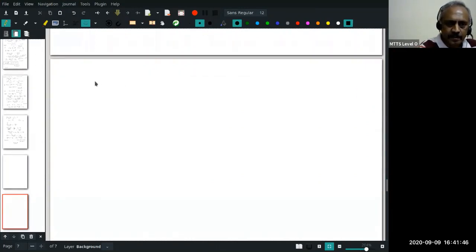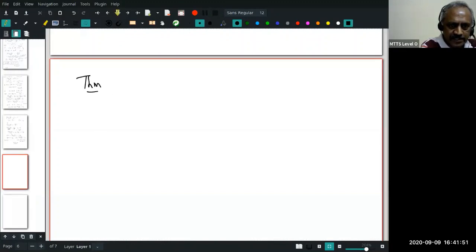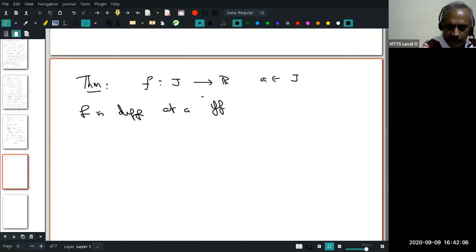Okay. So we want to prove a characterization. You will find it in my book, and no other book has this. So J is an interval. As usual, F is J to R, and A is a point in J. And I say F is differentiable at A if and only if the following happens. There exists a function F1 from J to R, so that it has two properties.